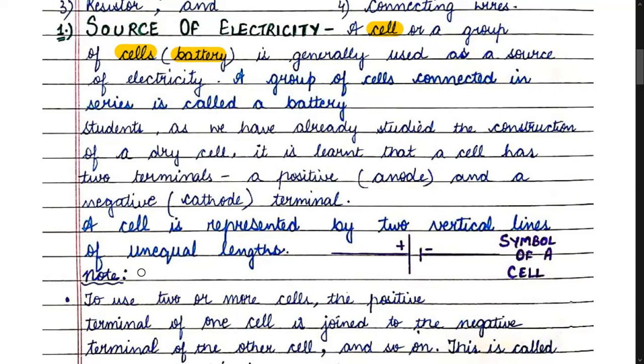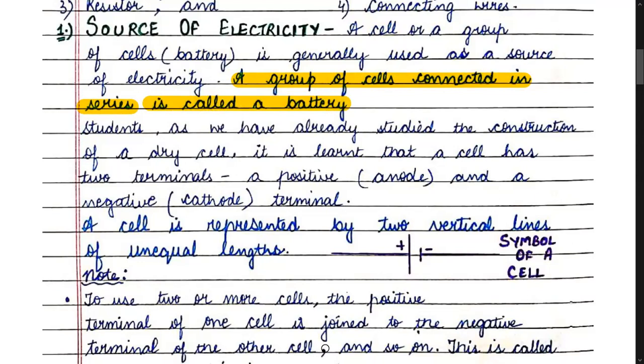A group of cells connected in series is called a battery. So what is a battery? A group of cells connected in series is called a battery.